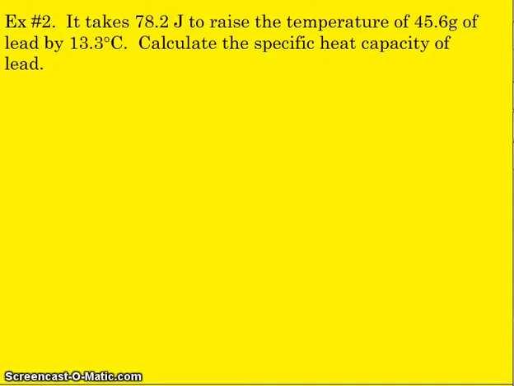So every time I see a number, I want to stop and identify what it is in my formula. And what I use to identify it is the unit that comes after it. 78.2 joules. Joules is heat. Heat is represented with the letter Q in our equation.